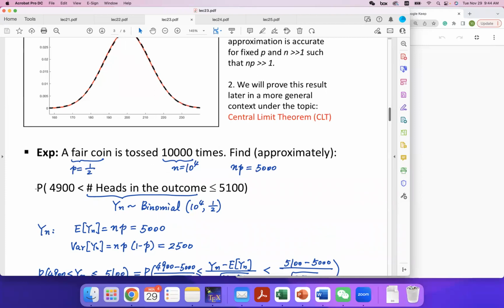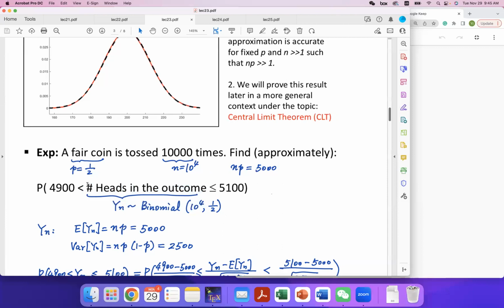We want to calculate the probability that the number of heads is between 4,900 and 5,100. Now if we perform 10,000 experiments, we expect that the number of heads is concentrated around 5,000, right? Because the success rate is 1/2, so 1/2 times 10,000 is about 5,000.